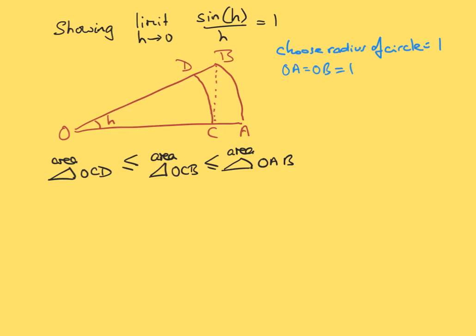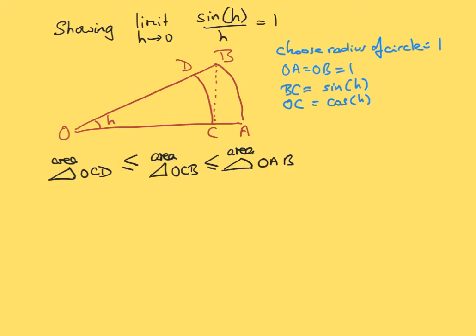So BC divided by 1 is the sine of h, and that just tells you that BC is equal to the sine of h. And in the same way, OC, this distance here, divided by 1 is the cosine of h, so OC is equal to the cosine of h.